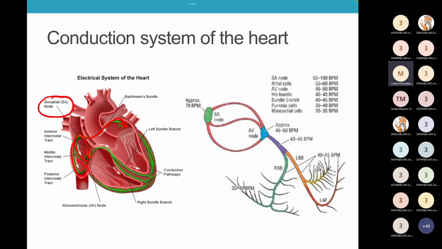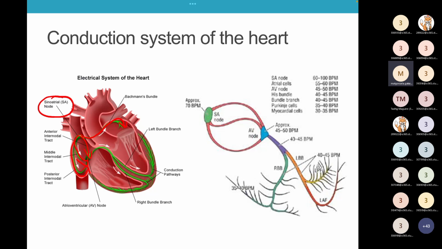Thanks to the Bachmann bundle, the action potential which is generated on the right side of the heart is conducted to the left side of the heart and then can be conducted to all cardiomyocytes in the left atrium. Let's focus on the right side of the heart.